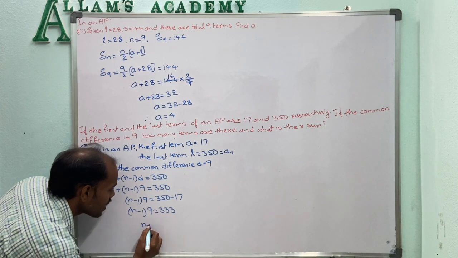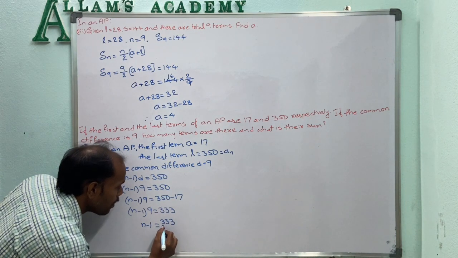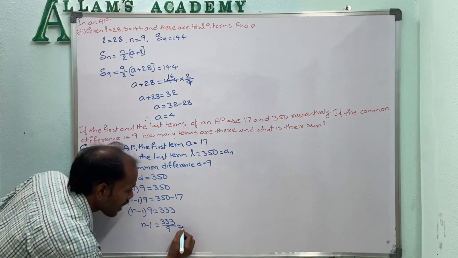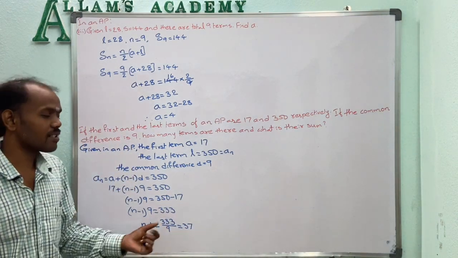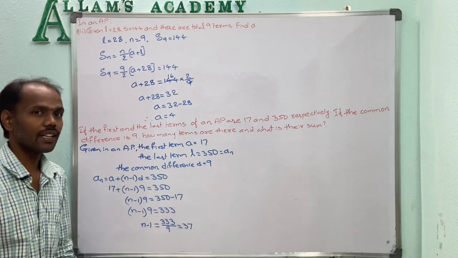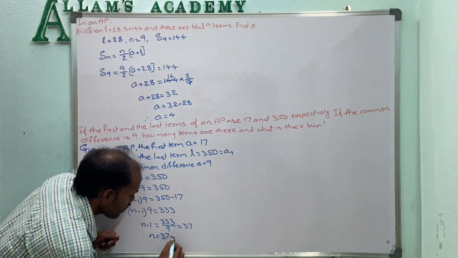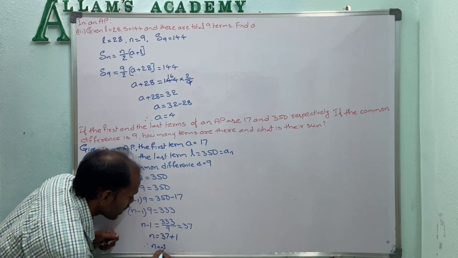So n minus 1 is equal to 333 by 9. 9 thirty-sevens are 333. So n minus 1 equals 37. Minus 1 transfers to the RHS as plus 1. So n equals 37 plus 1, that equals 38.